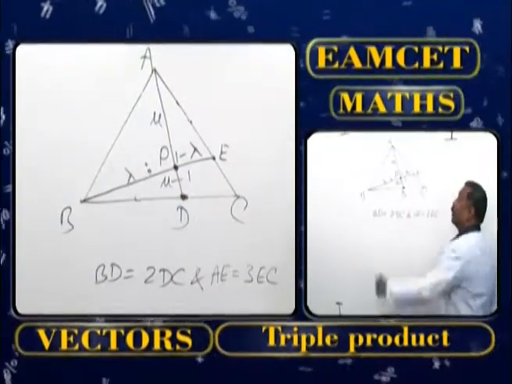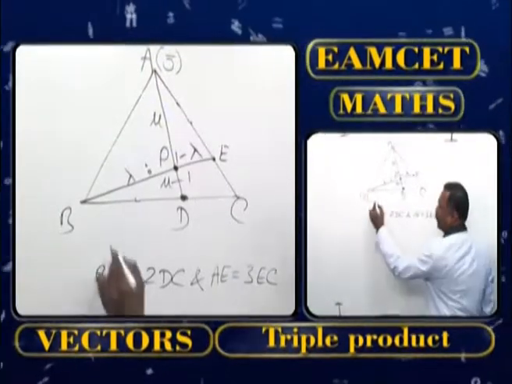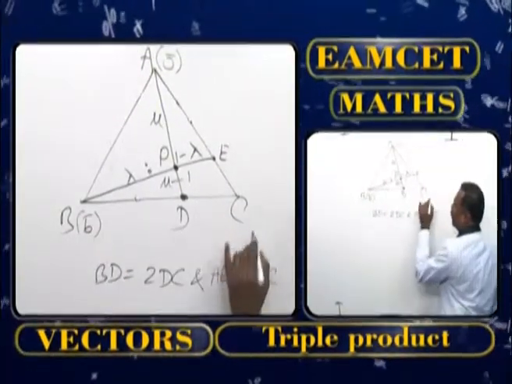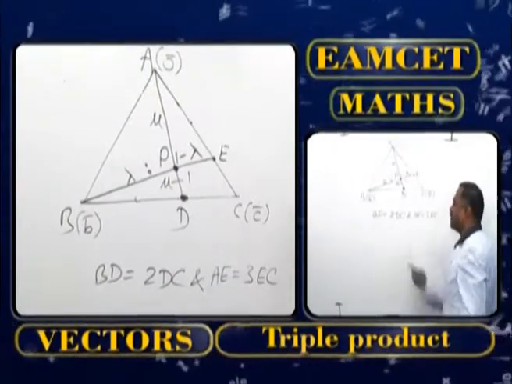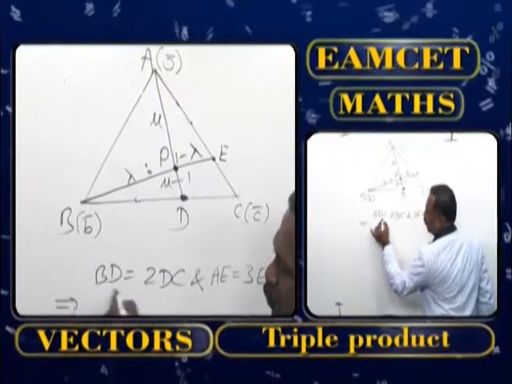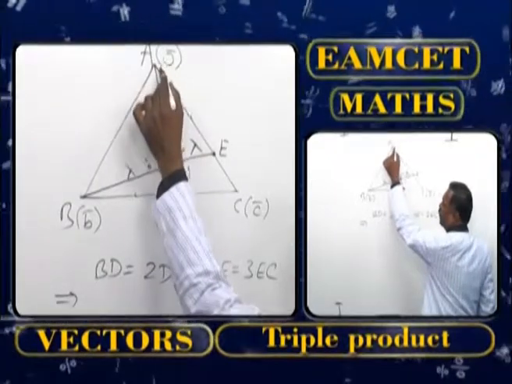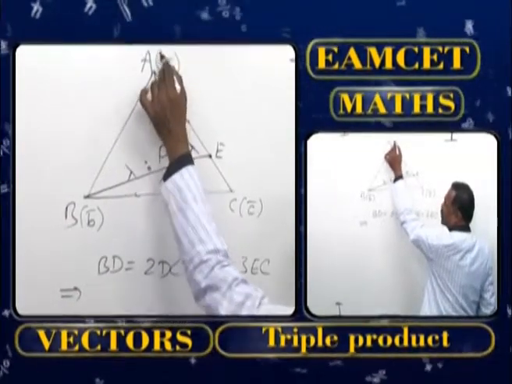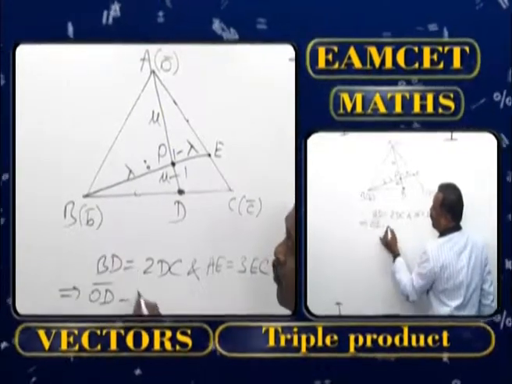Now let us make A as O, and B bar and C bar. Let us write D now from this one. This is OD minus OB, where O is taken to be A. So OD minus OB. What is OB? B bar.